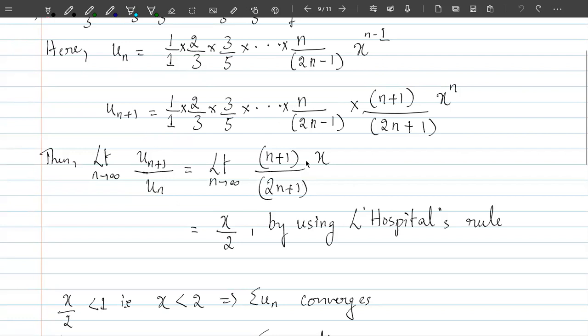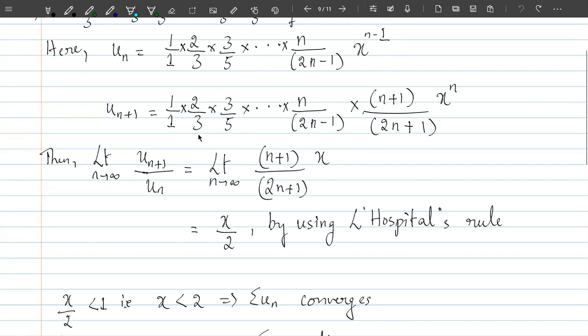So when you do the division, please note in the numerator you have the terms 1, 2, 3 and so on up to n, which is multiplied with n plus 1. So when you divide this particular numerator by this particular term, all these terms will be cancelled. So what will remain here? n plus 1. Then you have x power n, which is being divided by x power n minus 1. So I get x.